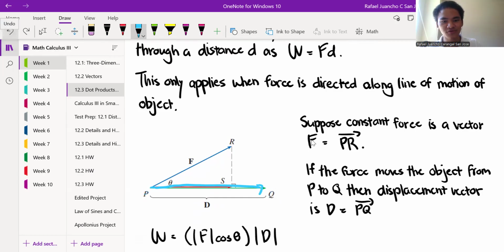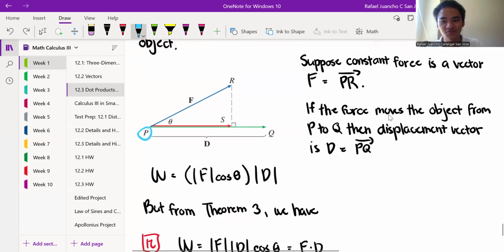And what we're going to do here is the constant force F is going to be a vector. So we're going to make this a vector from P to R. That's going to be our vector F. And again, the force moves the object from P to Q. So from P all the way to Q. And therefore, we have this thing called the displacement vector, which is D. So that's the one in green.